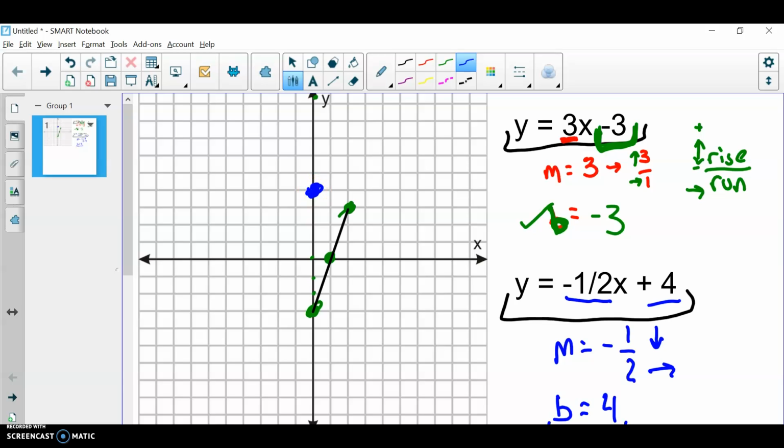From that intercept we already plotted, not from the middle, we're going to go down once and to the right twice based on that slope. Down once, right 2 times. And again, if you plotted your points correctly, you should get a straight line that goes through all of those dots.